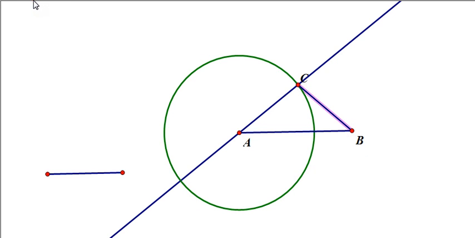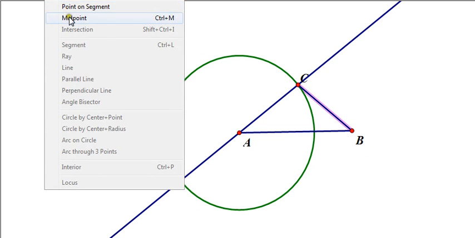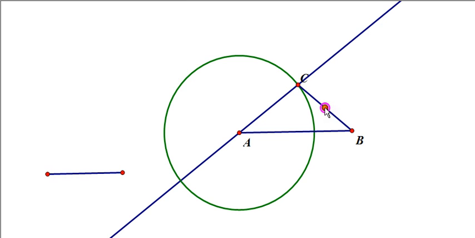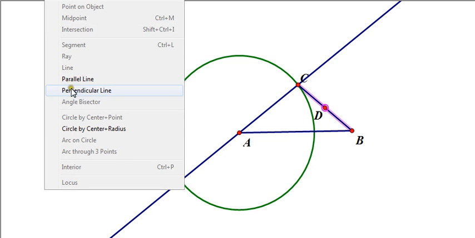Now we bisect BC at its middle point. Let's label this point as D. To this segment BC, we draw a right bisector, that means a perpendicular line through its middle point. So we draw that perpendicular line.